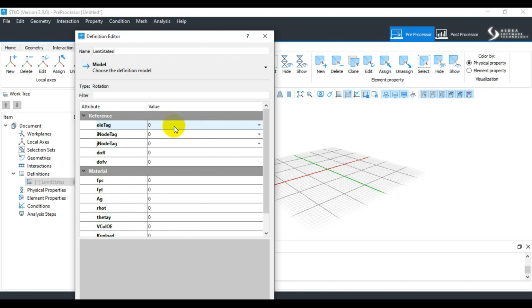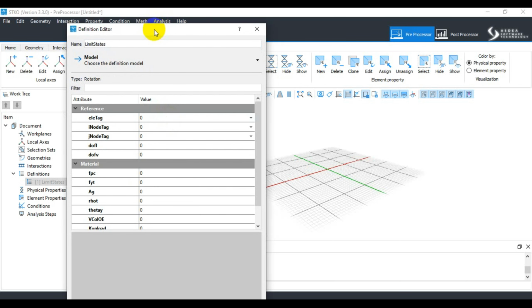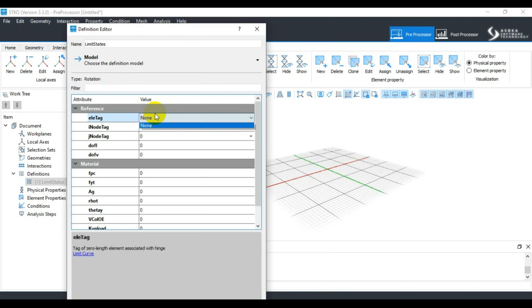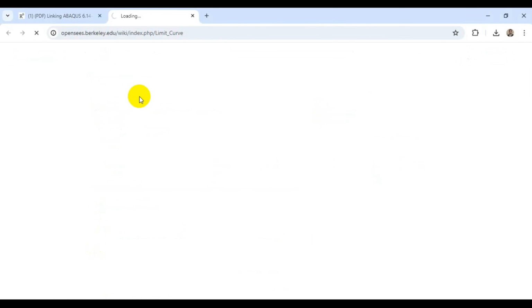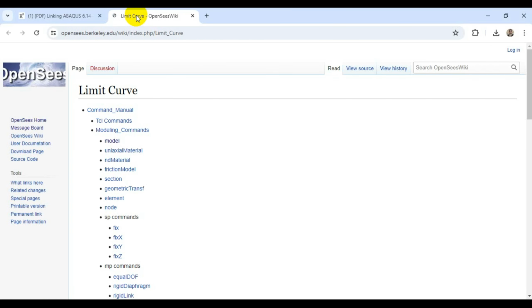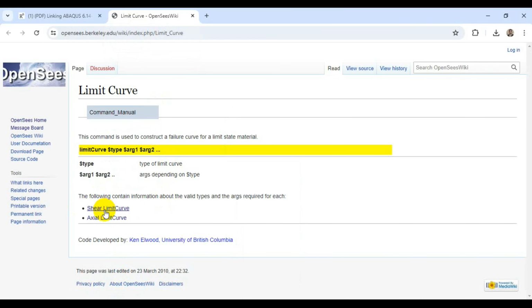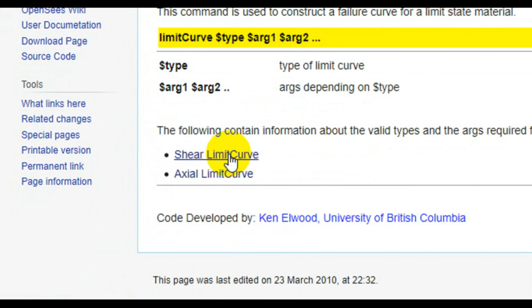It's very important to consider it. And even if you go to the OpenSees documentation, we have a discussion on these two parameters. The first one is the shear limit curve, and the second one is the axial limit curve.